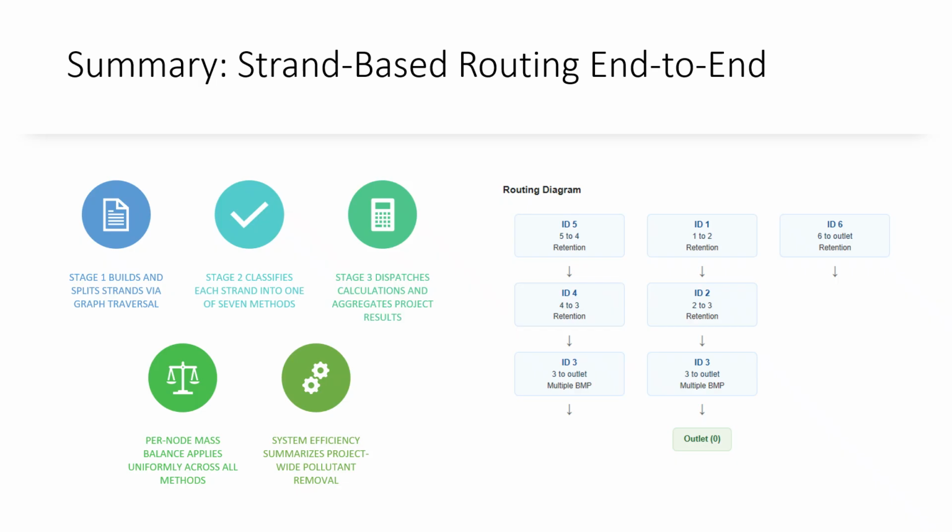Underlying all of this is the per-node hydraulic and nutrient mass balance framework. Every routing method, regardless of its complexity, builds on that consistent foundation. And the final deliverable from the entire pipeline is system efficiency, a single, clear measure that gives engineers a meaningful way to evaluate how well a BMP system is performing across the catchment as a whole.